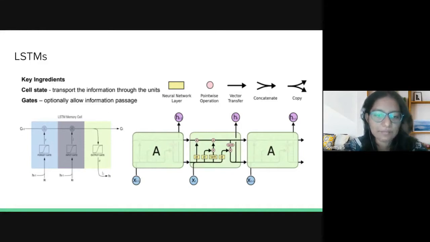You have your usual recurrence, which is xt minus 1, xt, xt plus 1. Here ht minus 1 is used for basically output. So ht minus 1, ht plus 1. And this would have been our hidden state in RNN. Here we have this entire cell, and these are the gates. These are gates which we'll be seeing in detail: how they restrict the information, and what we are going to do with it.